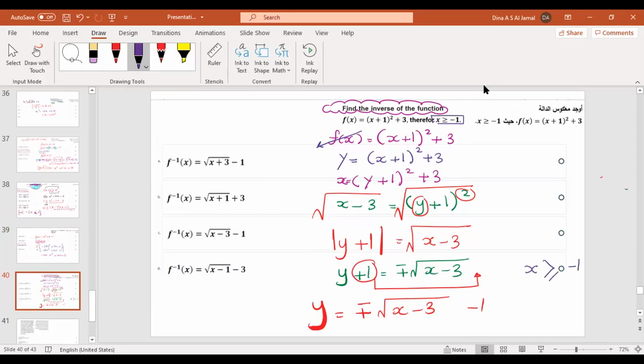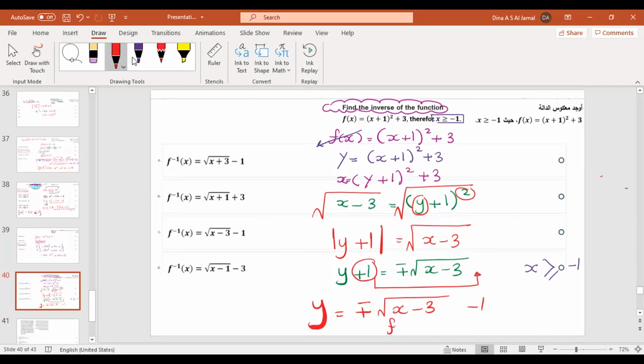That means you should restrict yourself to the domain. With this, you will be choosing only, let me just make it like this, your f inverse of x. It's all about square root of x minus 3, minus 1, which is this answer.